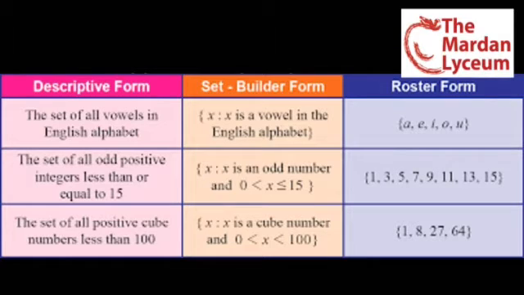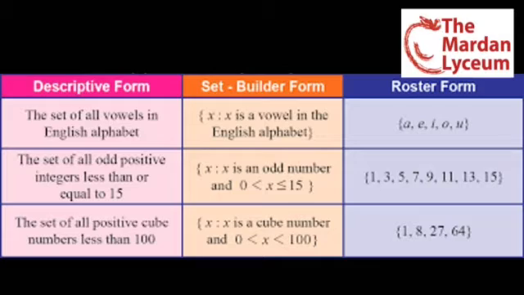For example, if we are given the set of letters in the English alphabet, this is limited, but a large number of elements. For example, all the natural numbers have infinite elements in the set. It will start from 1, 2, 3, 4 and so on.